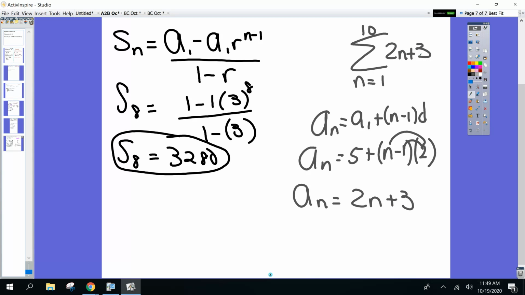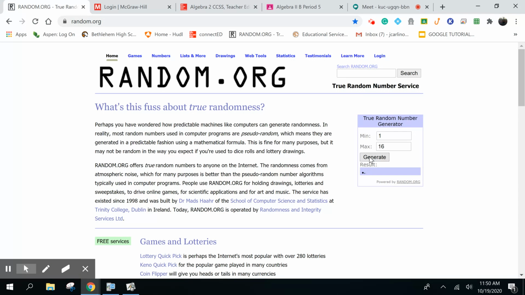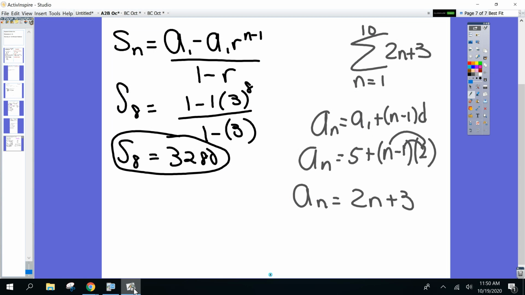The sigma is not the answer, right? You got to plug the sigma into your calculator now. And when you're ready, what's the sum of the first 10 terms there? 96.